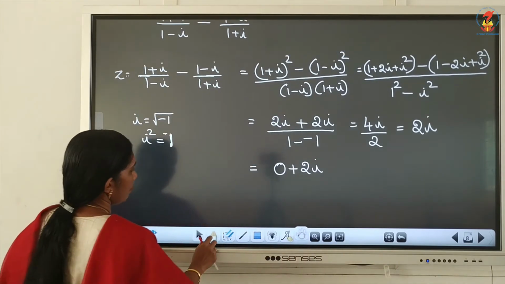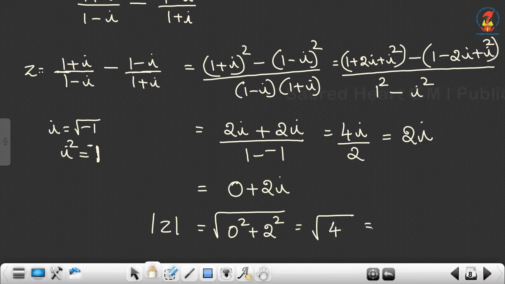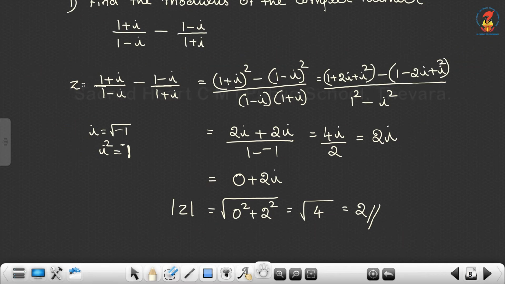Mod z is equal to root of real part square plus imaginary part square, that is equal to root 4, which is equal to 2. So that is the modulus of the given complex number. If the given complex number is not in the standard form, you have to reduce it to the standard form, then you can find the modulus.